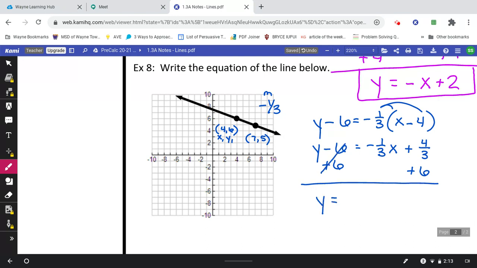Take advantage of the fact that your calculator does those fractions for you. I'm going to type in 4/3 plus 6. Then math, enter, enter to change it back into a fraction for you.